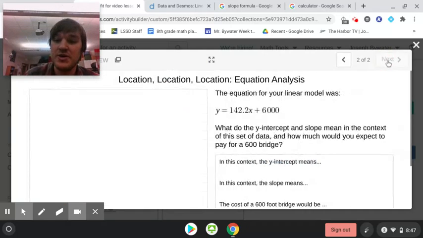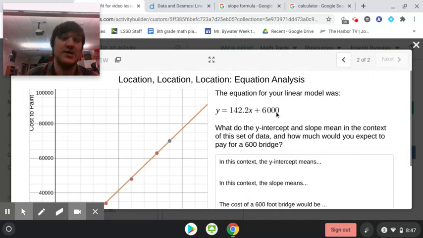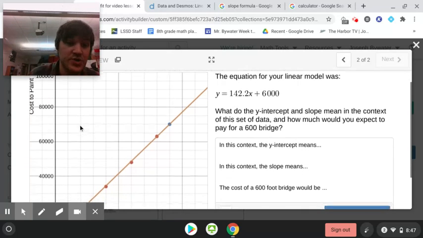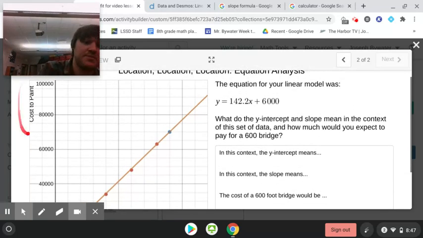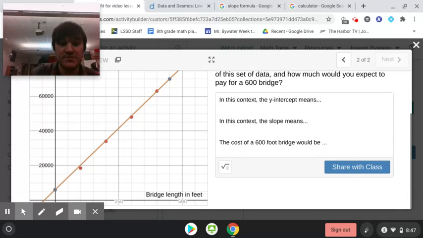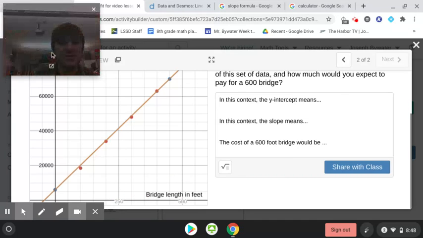All right, next slide, we're going to interpret the context now. So now I need to pay attention to what my x-axis is, what my y-axis is, to interpret what this data actually means. So it looks like I'm painting fences. It makes sense that the longer your fence is, the more expensive it is.